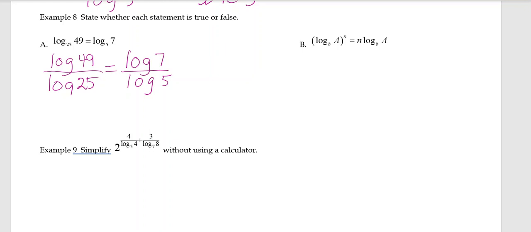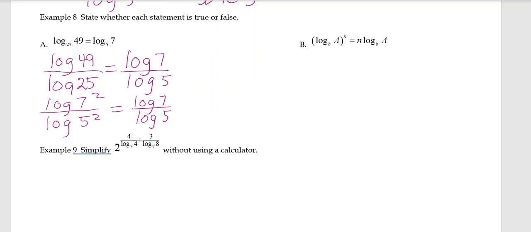But what else could we do to the left side? I think somebody's probably got an idea. What if we did this? What if we said this is the log of 7 squared, and the denominator is the log of 5 squared, and the right side's not going to change. We can't really do anything to it.